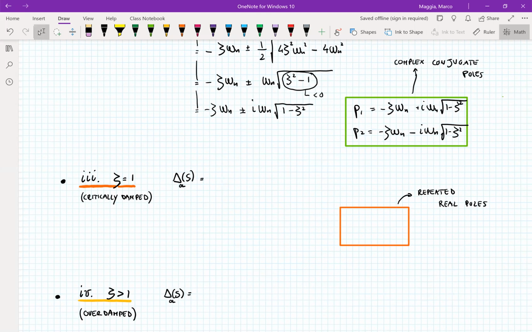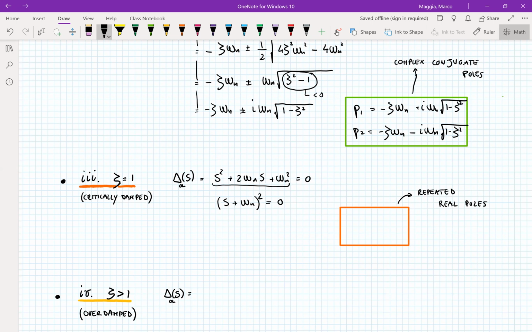Okay, now let's go to case number 3. For case number 3, we have that zeta is exactly equal to 1. So our characteristic equation reduces to s squared plus 2 omega n s plus omega n squared equals 0. And this is a perfect square, that is (s plus omega n) squared equals 0.